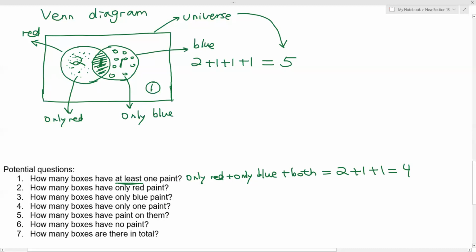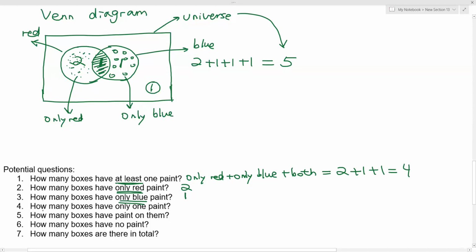Now, question number 2. How many boxes have only red paint? Only red paint. We already know that, right? It's 2 boxes. Third question, how many boxes have only the blue paint? And we know that too. It's 1. It's that polka dot region, right?